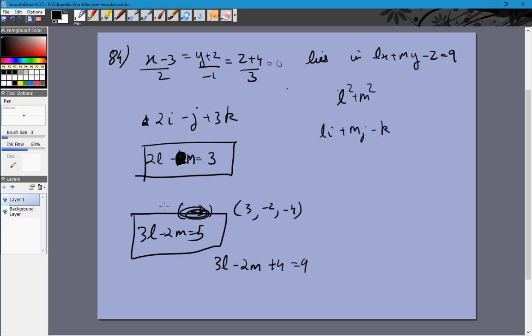So these are the two equations. If you solve them, you get L is equal to 1 and M is equal to minus 1, which means L squared plus M squared is equal to 2, which means the answer is 2, which is option 4.